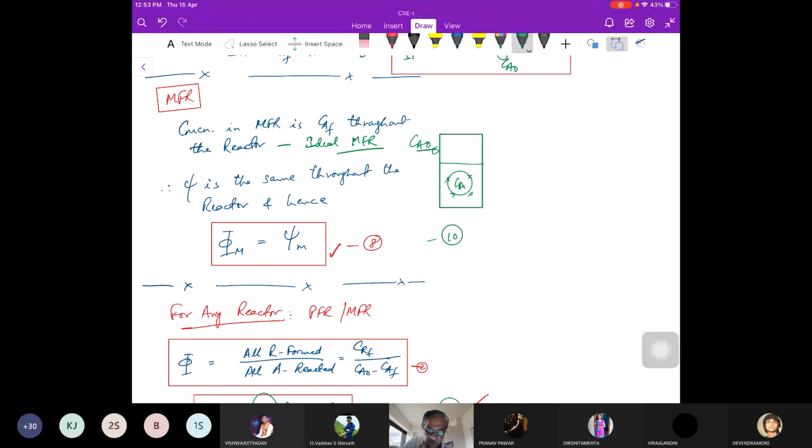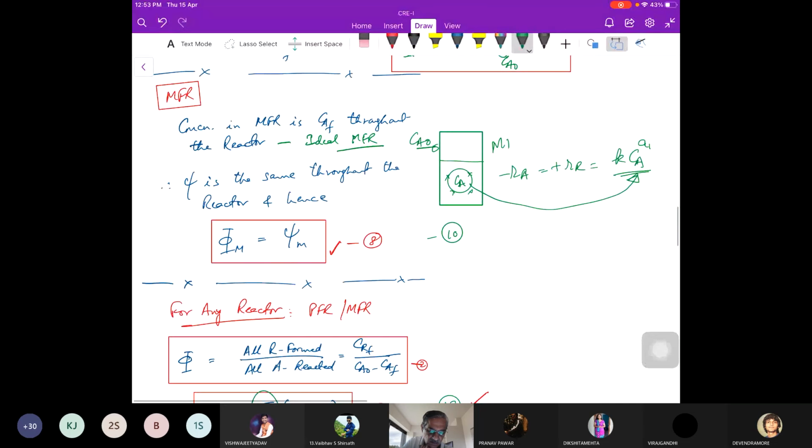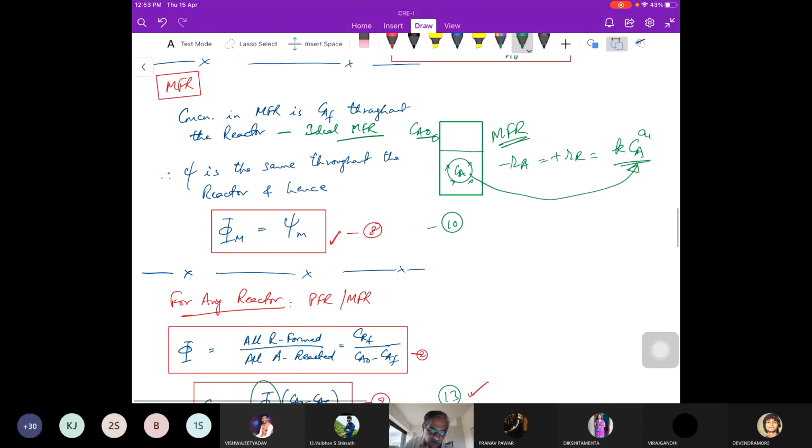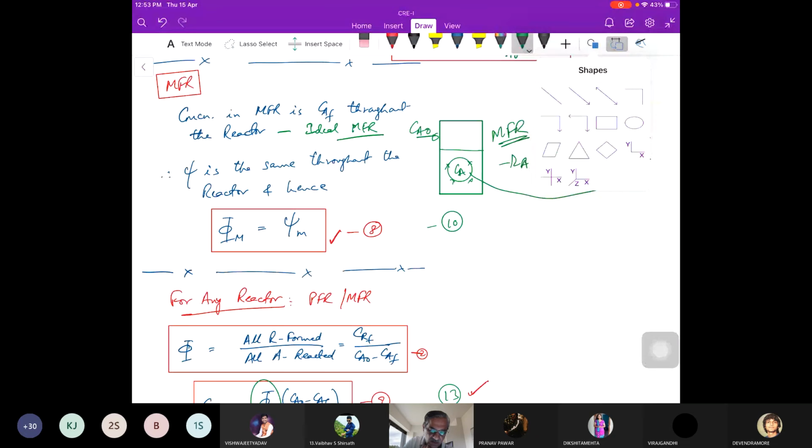I told you this earlier. So the concentration in the reaction is minus RA and plus RR, with CA to the power of a1, right? So this is the concentration which is used for the rate of reaction in a mixed flow reactor. In a plug flow reactor it is different.